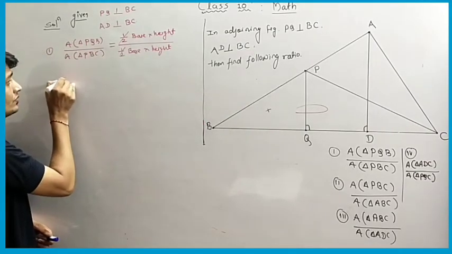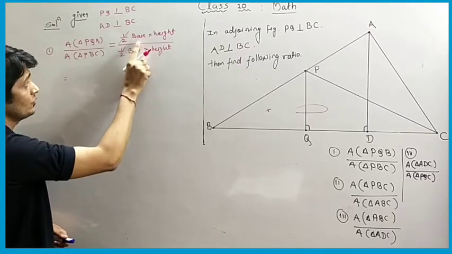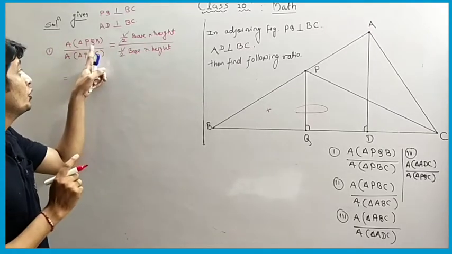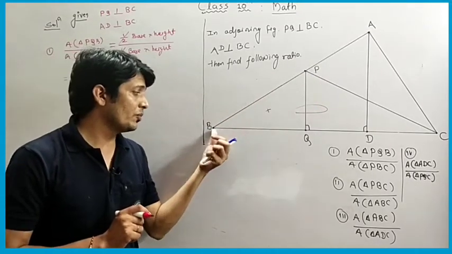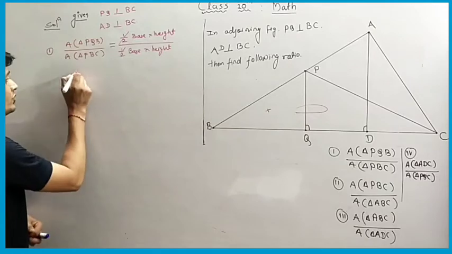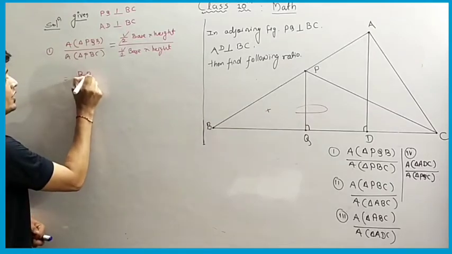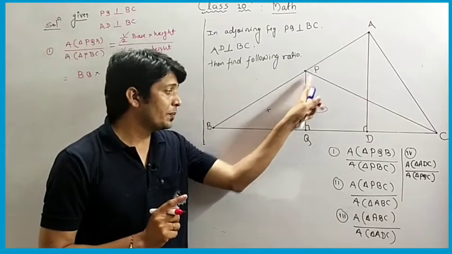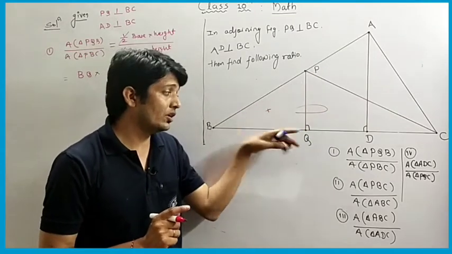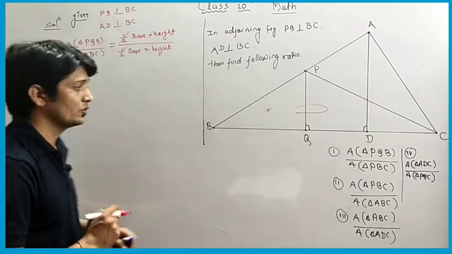For this triangle PQB, the base will be BQ into height, which is PQ because it is perpendicular on the side BC.